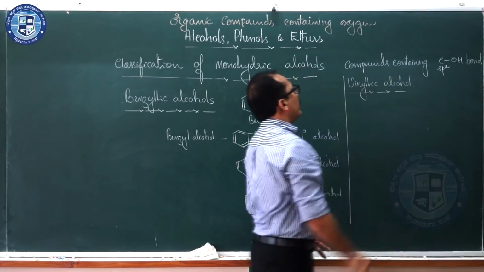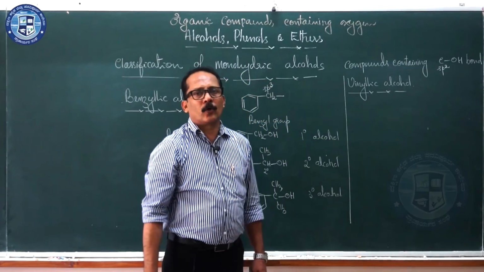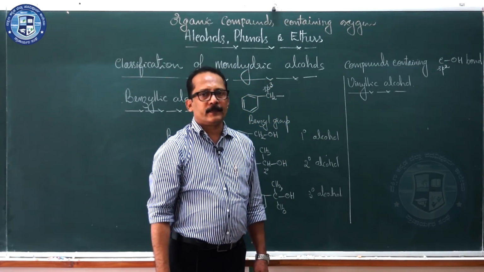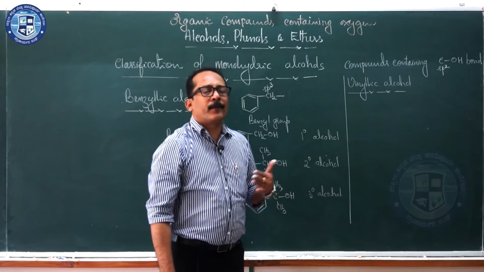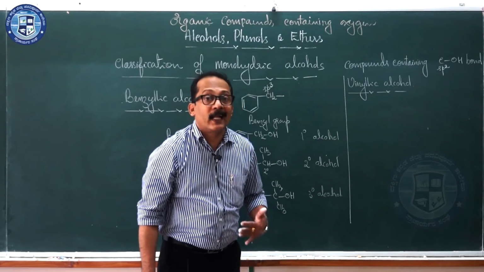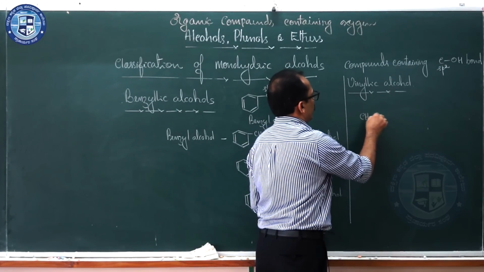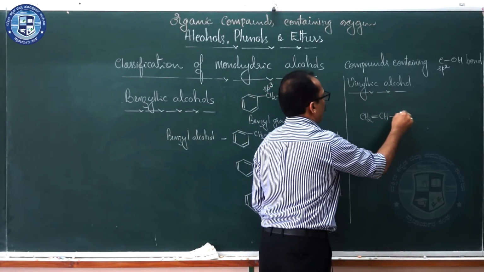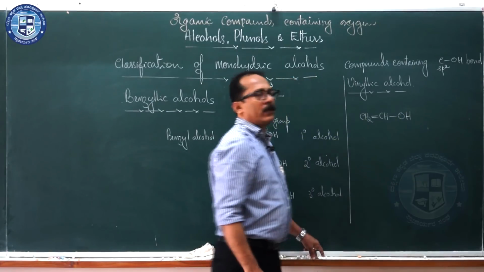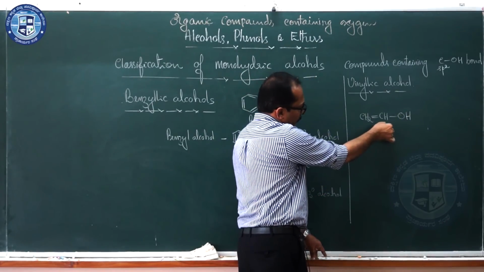Okay. Example for vinylic alcohol is vinyl alcohol. CH2 double bond CH OH, vinyl alcohol. This group is called as vinyl group.